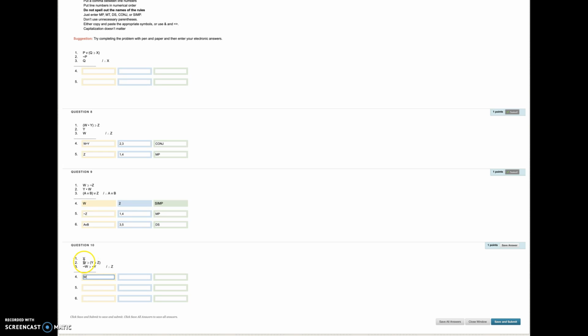Now I have the antecedent of this conditional, so I know I can get the consequent. And I'm trying to get z eventually, and now I have the antecedent of this conditional, so I can use modus ponens again to get z, and then fill in the appropriate justifications and the rules.